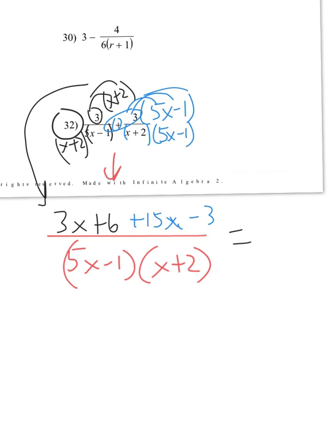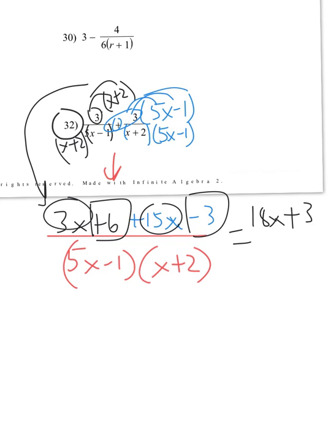So if I combine like terms on the top, 3x plus 15x, that's 18x, and then positive 6 minus 3 is plus 3, and it's over my 5x minus 1 and my x plus 2.